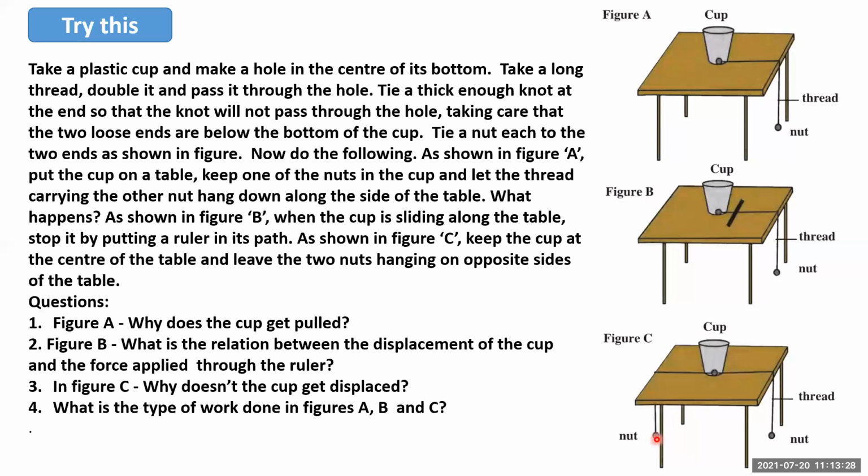In this example also, work done is zero. In all these cases, work done is zero because the angle between displacement and force is 90 degrees, or the displacement is zero.